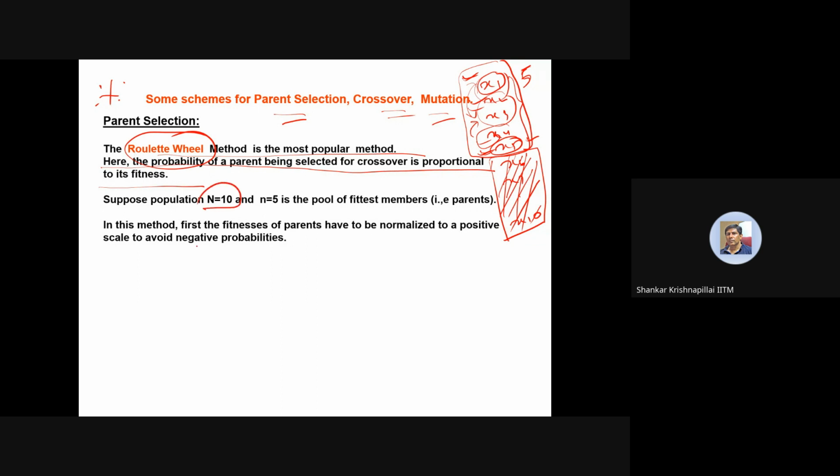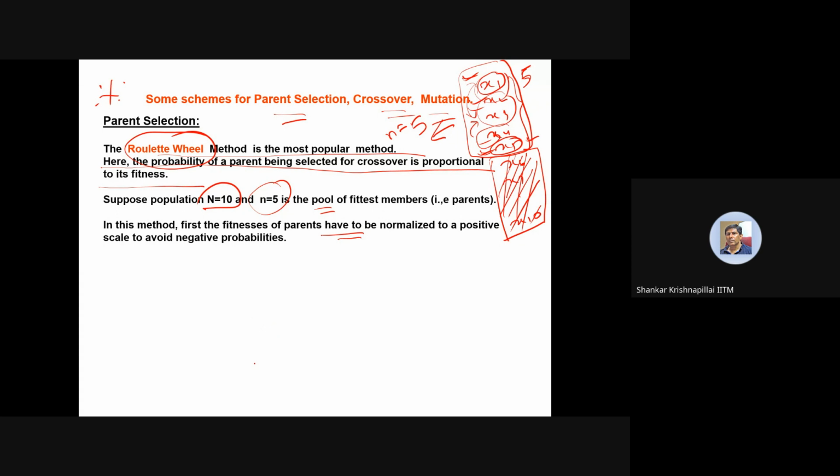Suppose population is n equal to 10 and small n equal to 5 is the pool of the fittest members. In this method, first all the fitnesses of the parents have to be normalized to a positive scale to avoid negative probabilities.